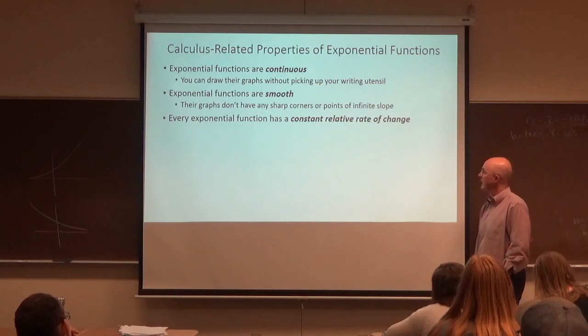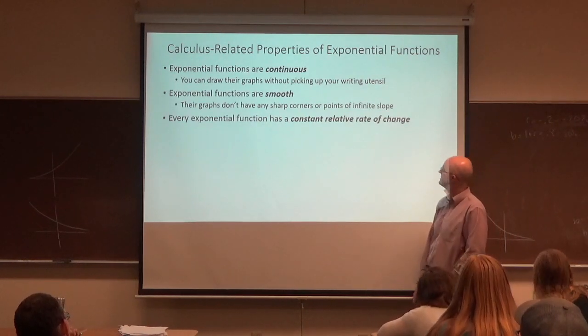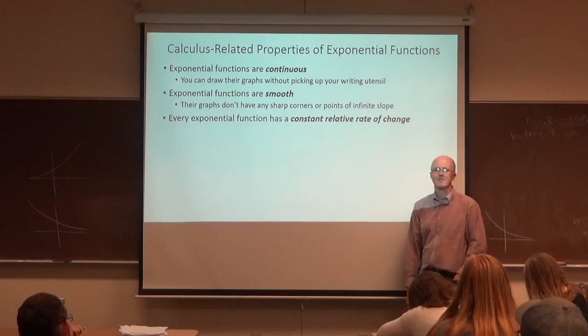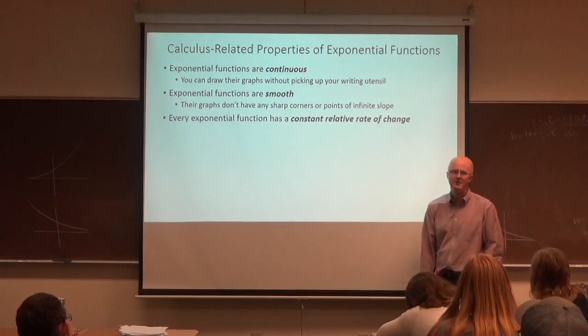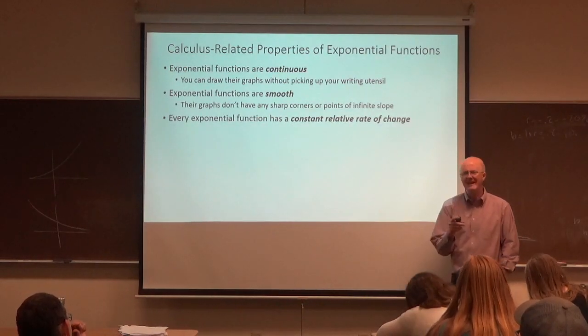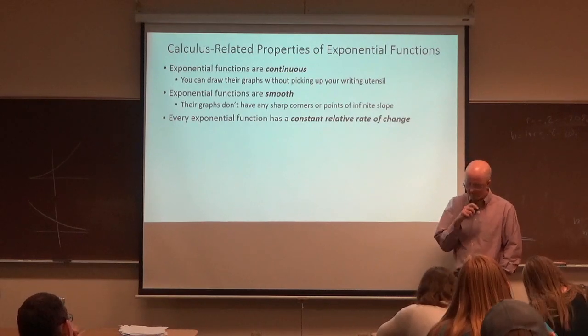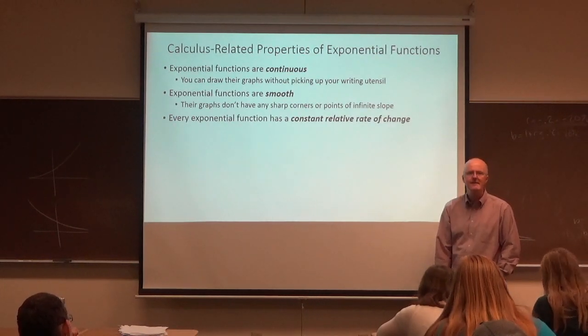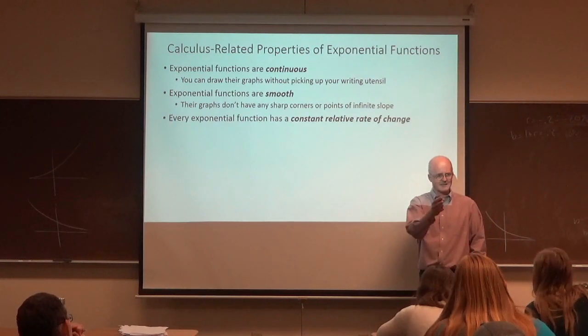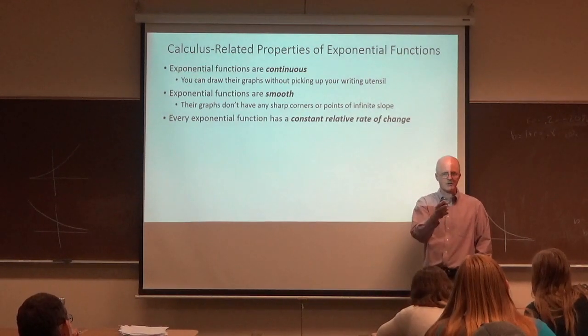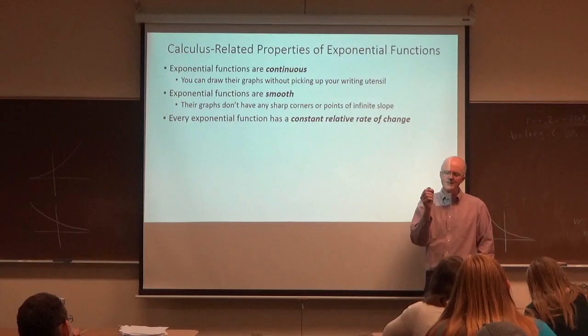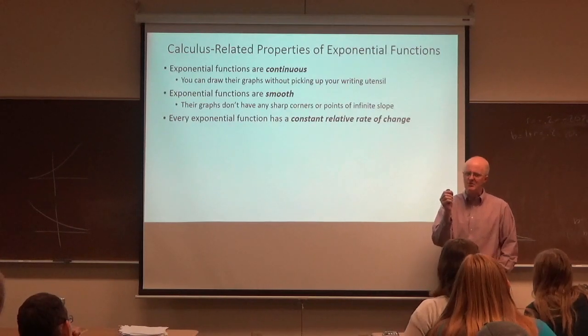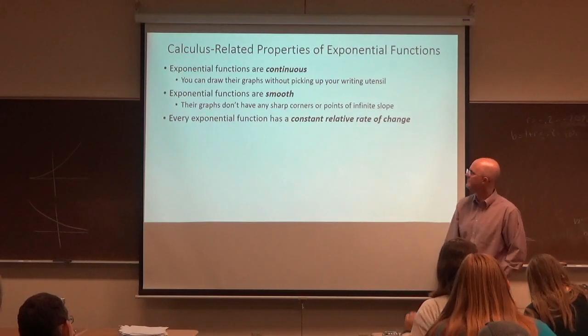You have, like I mentioned already, a constant relative rate of change. Constant percent rate of change, including instantaneously at any point. Not just as delta x is some fixed positive number, but also at any point. That's kind of a subtle thing too, that we'll talk about more later.